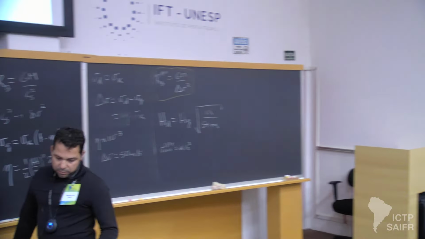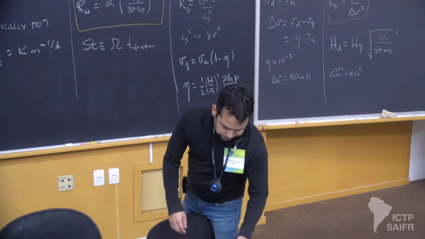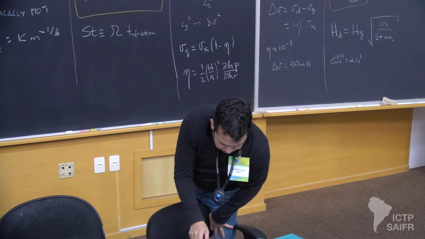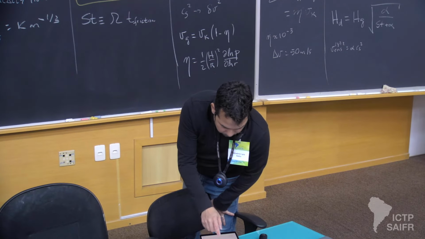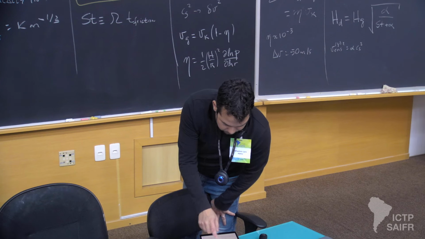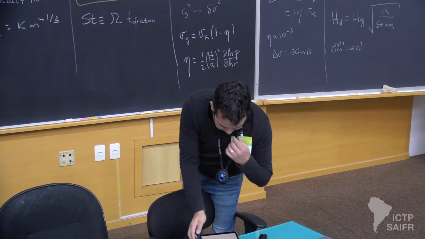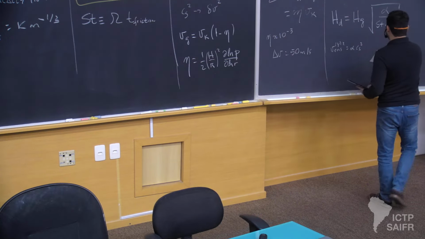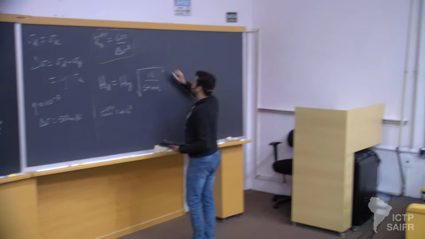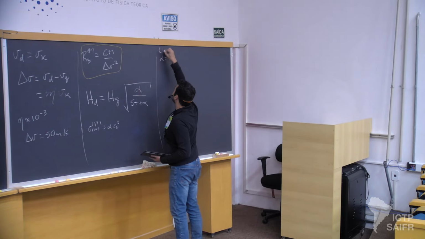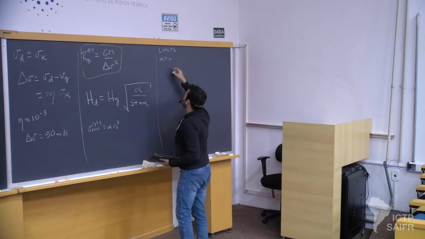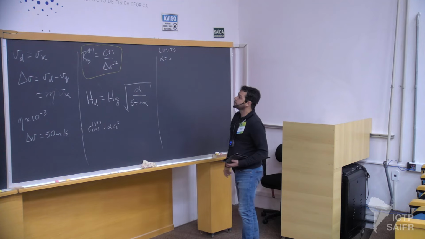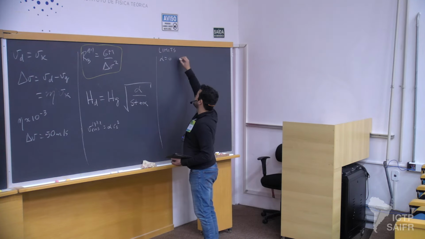So you can see already from here some of the limits. If you have alpha equals 0, that means no turbulence, then HD is going to be 0.